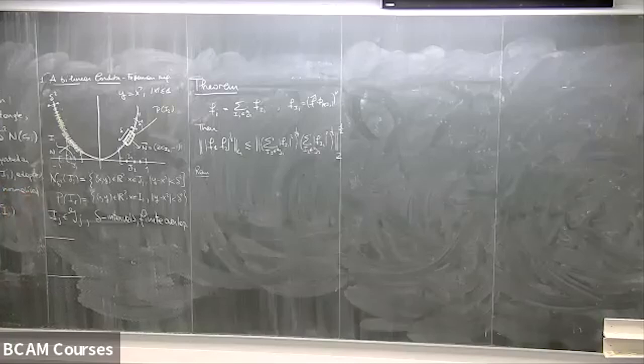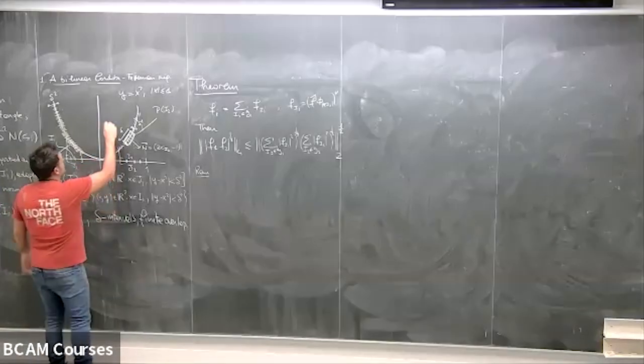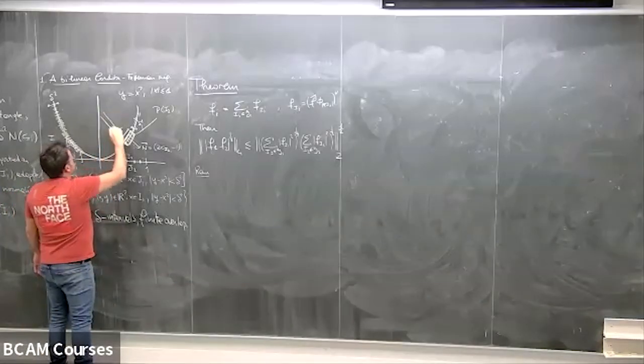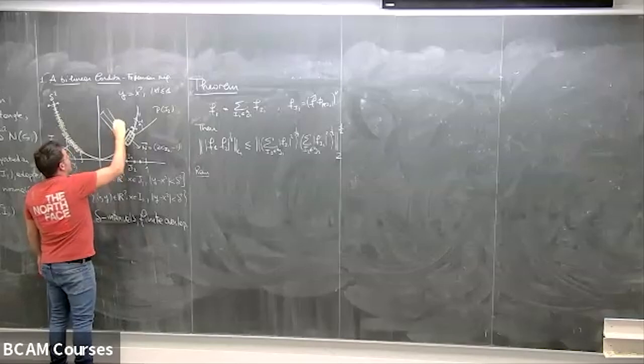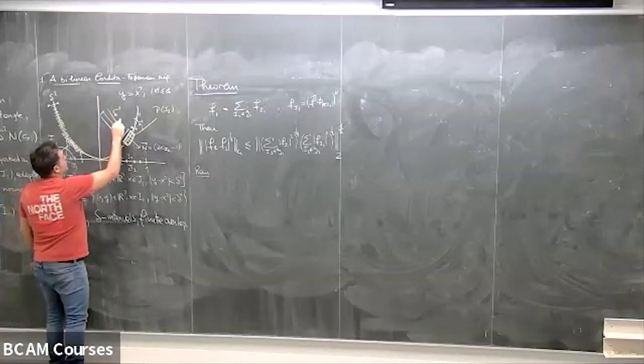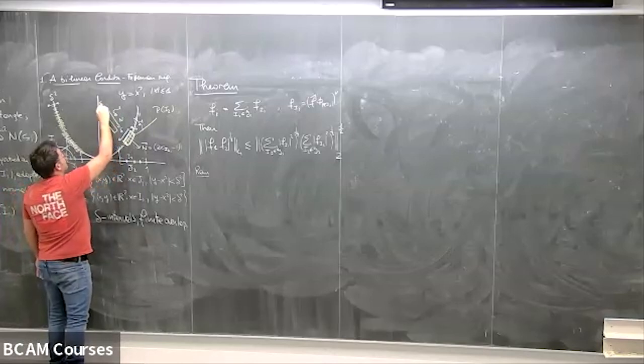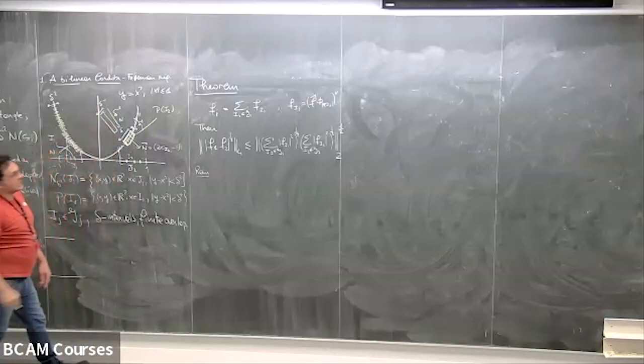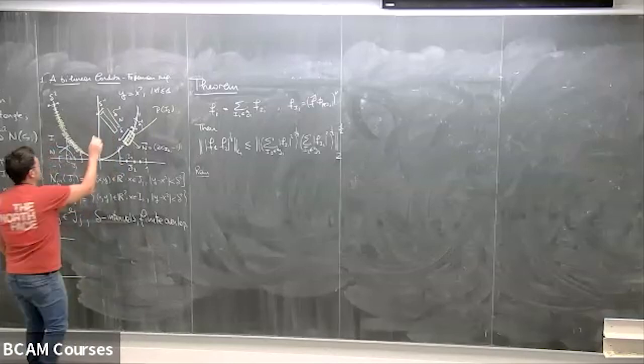We're not going to use this part in the proof of the Cordoba-Fefferman inequality I have on the board, but what does it mean to be L1 normalized and adapted to P star? P star is the dual rectangle to this box. It has a long direction of length delta to the minus 2 in the normal direction, and a shorter direction, still long but shorter, in the tangential direction, and passes through the origin.